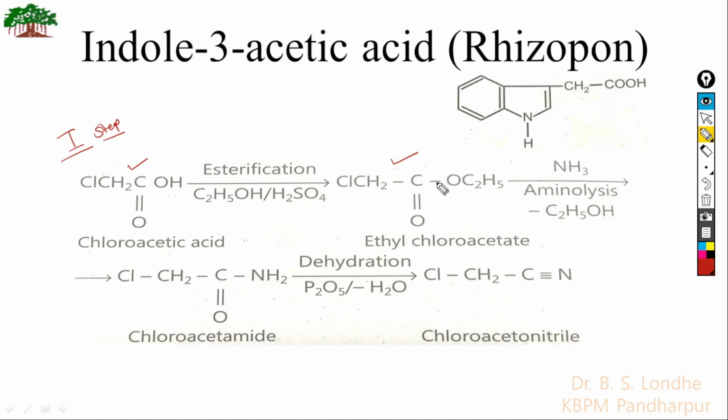This is the structure of ethyl chloroacetate. This ethyl chloroacetate further upon aminolysis in presence of ammonia gives chloroacetamide.